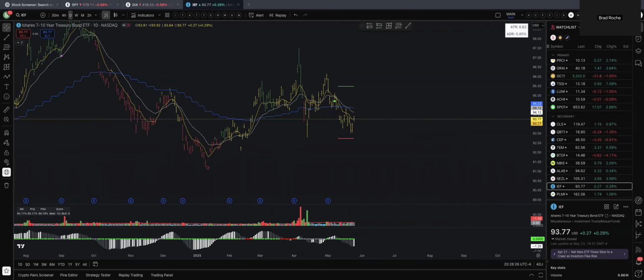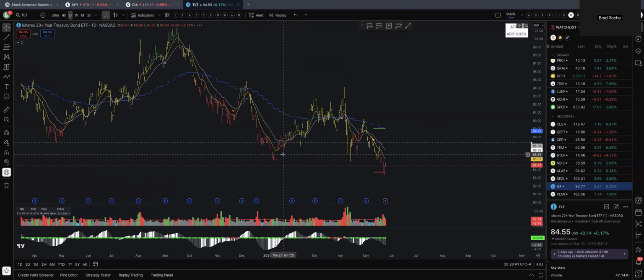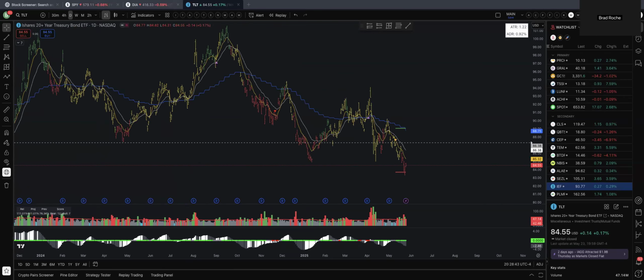So you kind of just have to pick which one you want to trade. Unfortunately, you can't trade TNX, and there's not too many things that line up that are the exact same. So we just have to pick our spot, and TLT is definitely the most liquid. All right, any other questions, or are we good to go? Because that's all I've got.